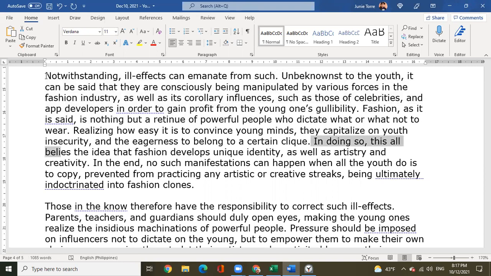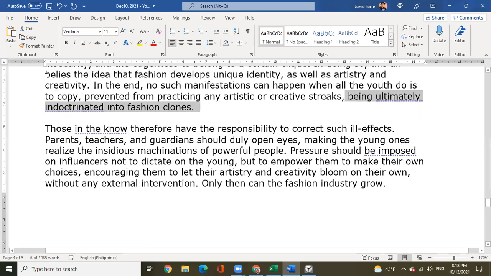In doing so, this all belies the idea that fashion develops unique identity as well as artistry and creativity. In the end, no such manifestations can happen when all the youth do is to copy, prevented from practicing any artistic or creative streaks, being ultimately indoctrinated into fashion clones. Those in the know therefore have the responsibility to correct such ill effects.